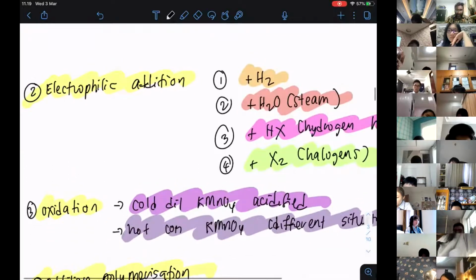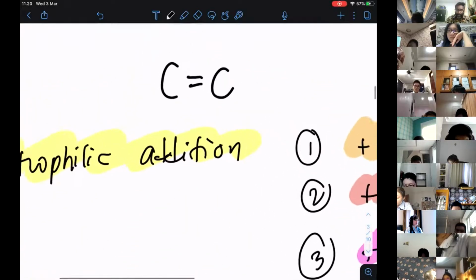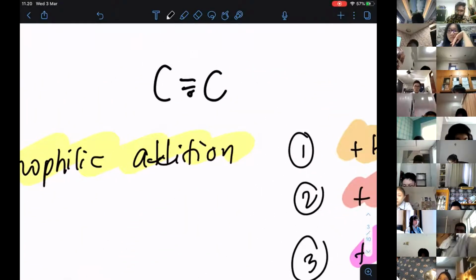Now, this is an unsaturated compound because of the presence of a carbon-carbon double bond. There is going to be a sigma bond, and there is also going to be a pi bond. The presence of the pi bond increases the electron density there, so there are a lot of electrons in the double bond.